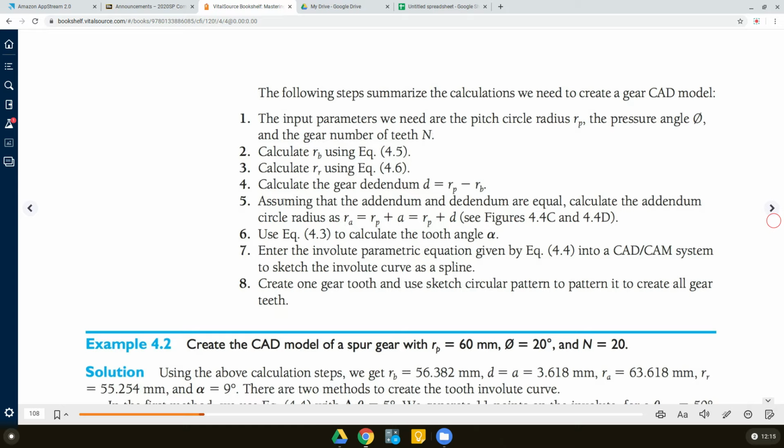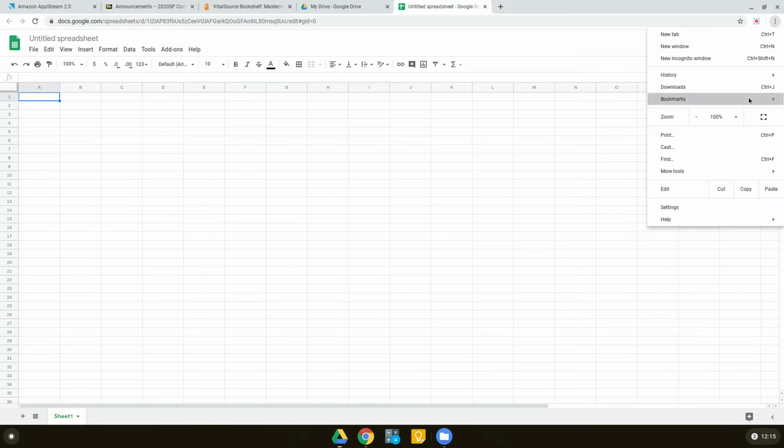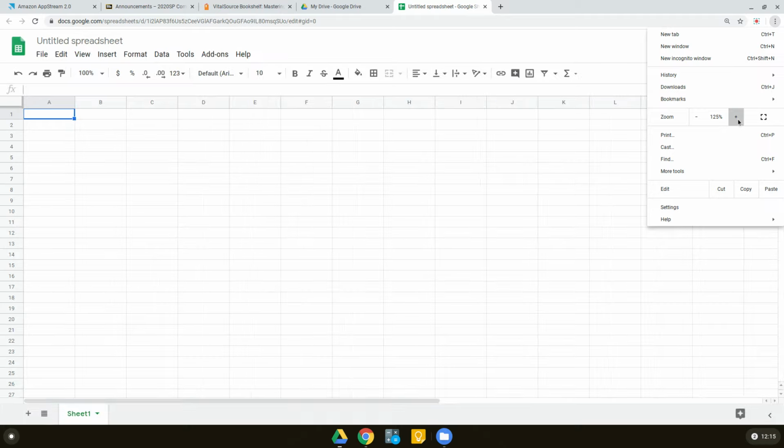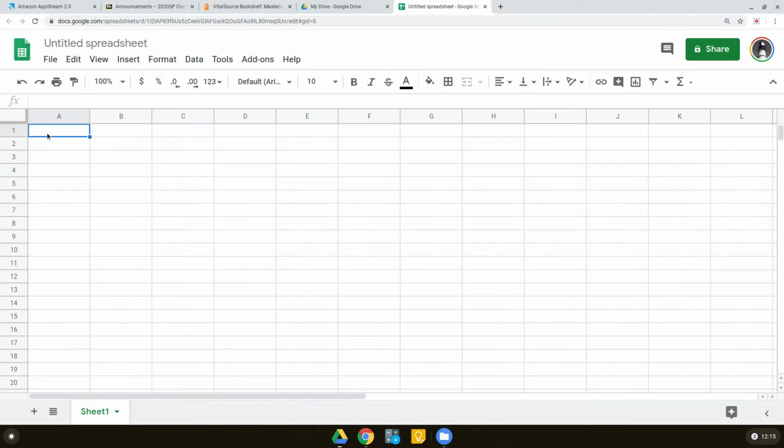So far so good. Maybe we can just type it here. Let me see if I can make it a little bigger. Okay, so you can see my calculations. R_P is 60 millimeters.